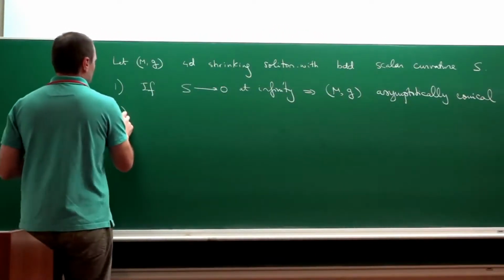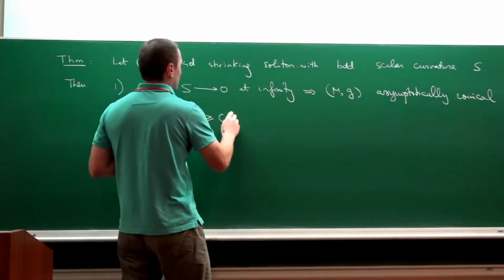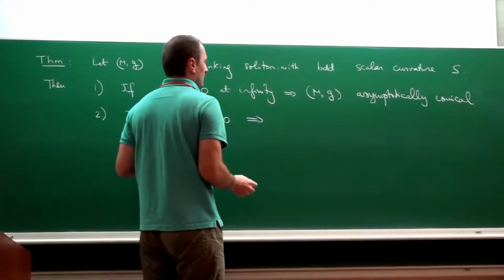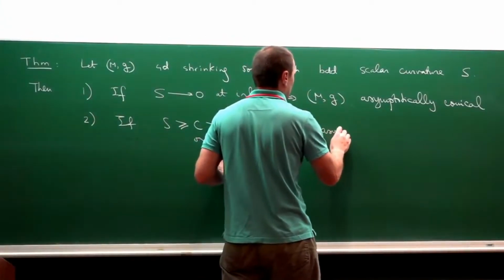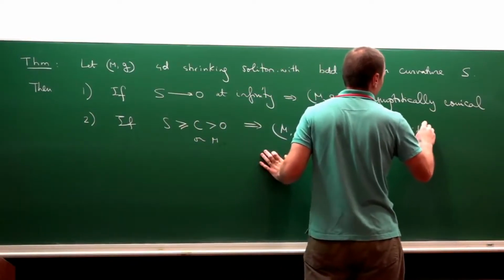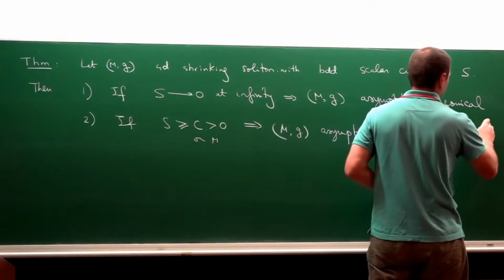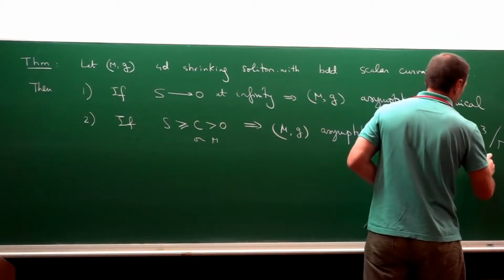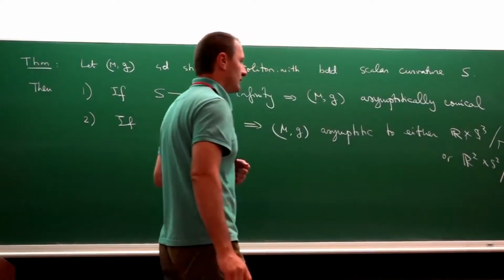And the second statement is that if the scalar curvature is not convergent, well, if it's bounded from below on M, then it's asymptotic to a cylinder. So a quotient of the two possible cylinders.